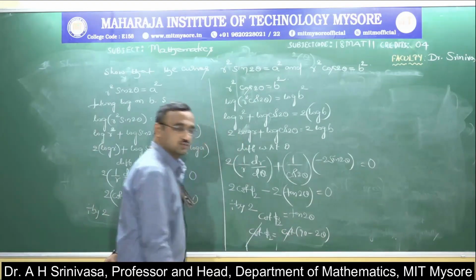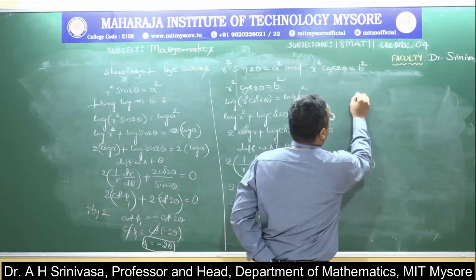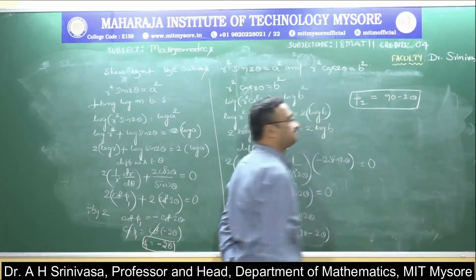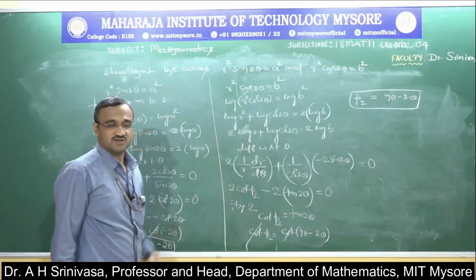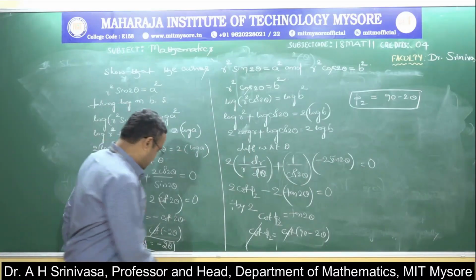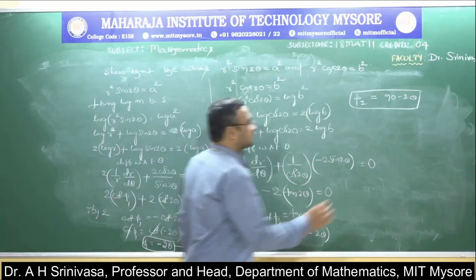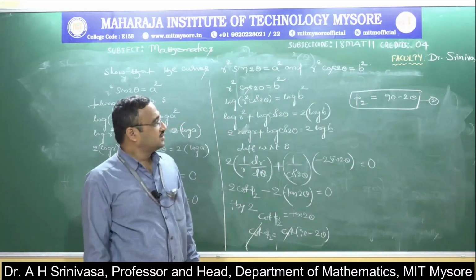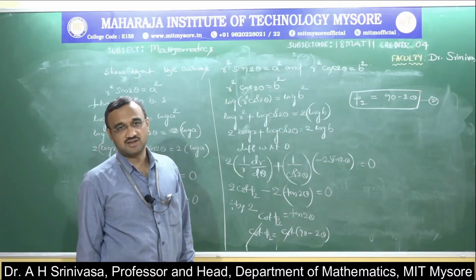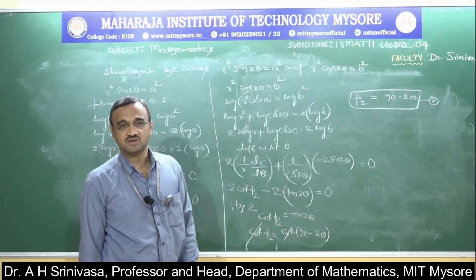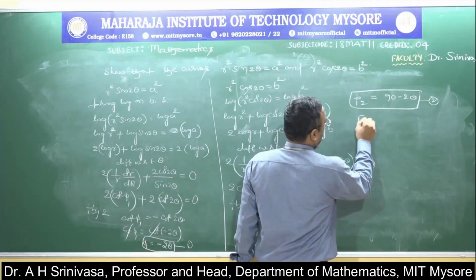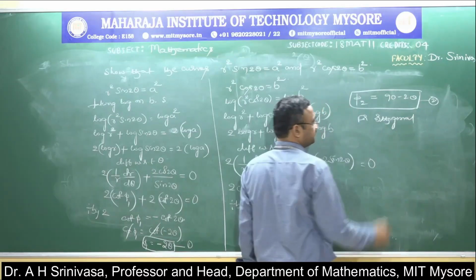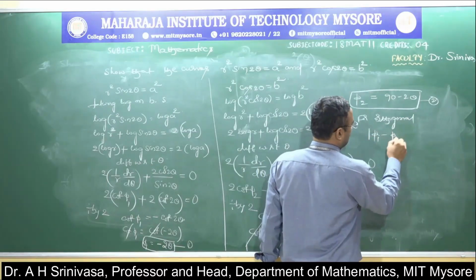Now we extract these two, then we get the phi 2 value. Call this equation number 1 and this equation number 2. So now what I'm going to show is that the curves intersect orthogonally, just by taking the difference of the two. For orthogonality, take the absolute value of phi 1 minus phi 2.